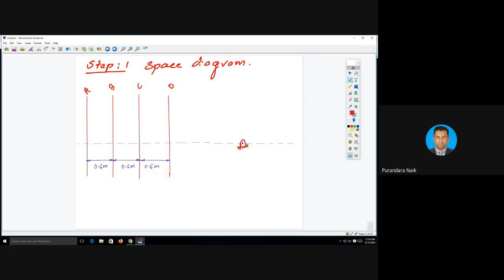Either you can take A or B or C or D. Whatever it may be, you can take one mass as a reference mass. Which one do you need to select? You need to take a proper mass as a reference mass in the side view. Which one? You cannot select A because A is an unknown mass.